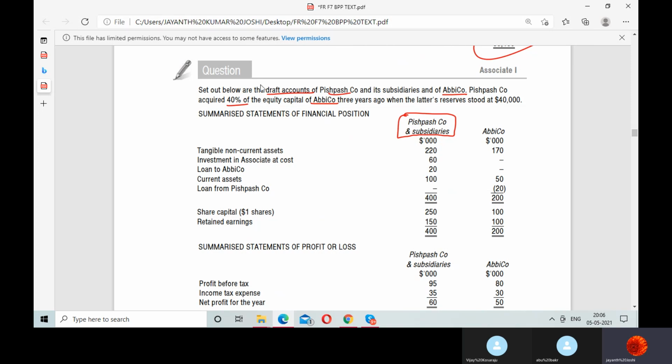And Pishpash company acquired this much of equity capital in Abbey company 3 years ago. And when they acquired, the reserves of the associate were 40,000.